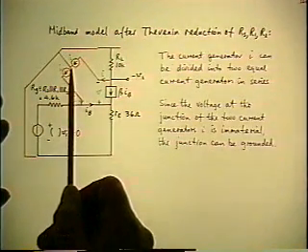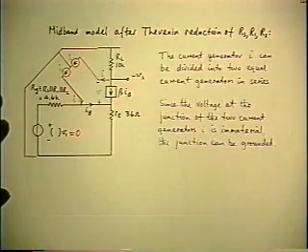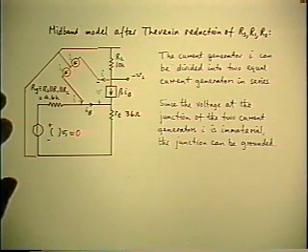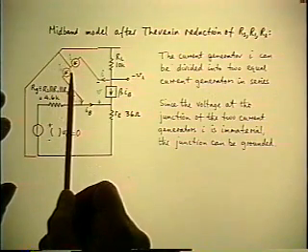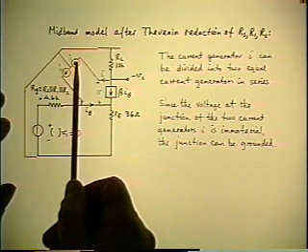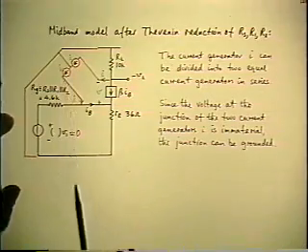If I connect this node to ground, AC ground, still nothing is any different, because there's no current in this path connecting the node to the two grounds, since the total current I out of this generator goes into the next one.